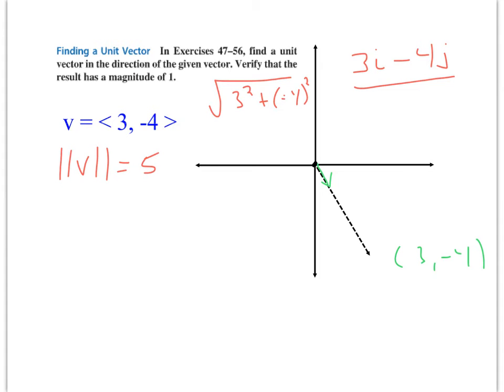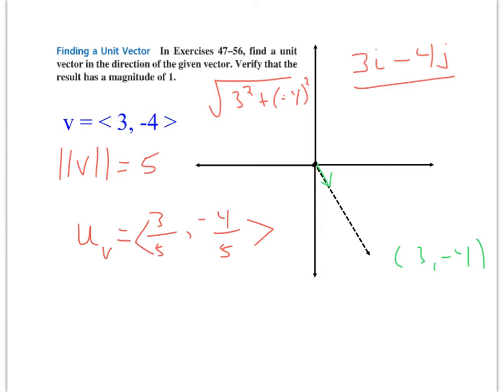So I'm going to take this vector right here, vector v, and divide both the x and y coordinates by 5. So the unit vector of v is going to equal 3/5, comma, negative 4/5. I should have put that in hard brackets. There's our unit vector with the direction of vector v.